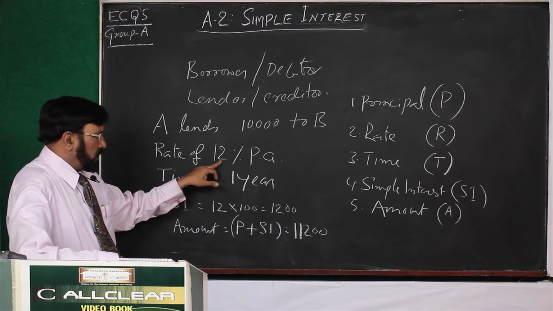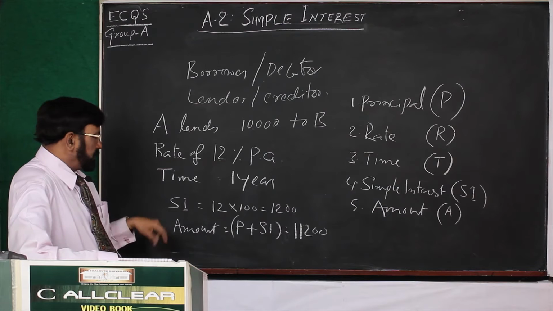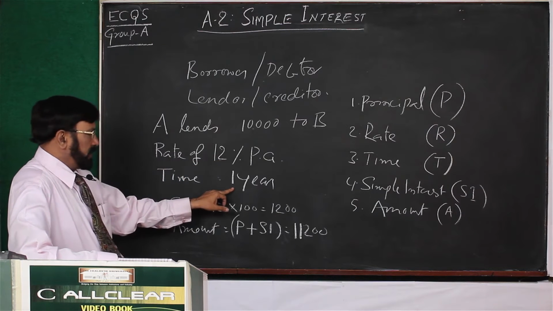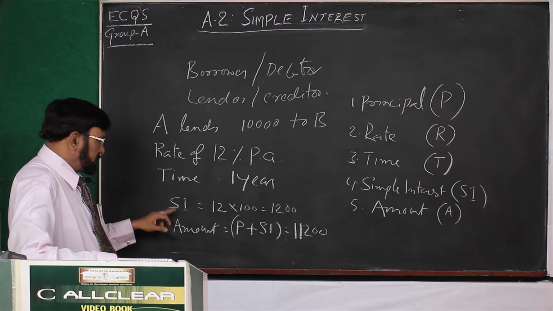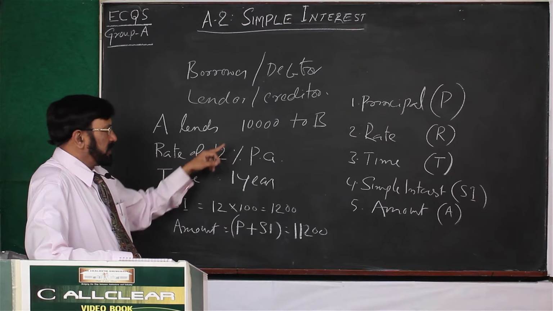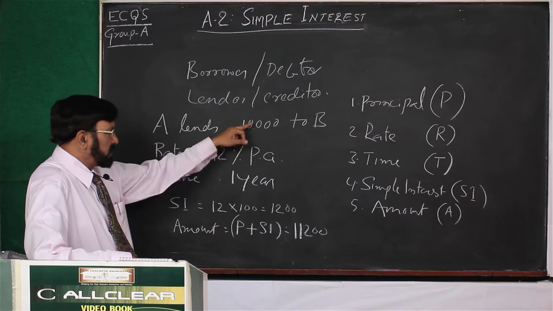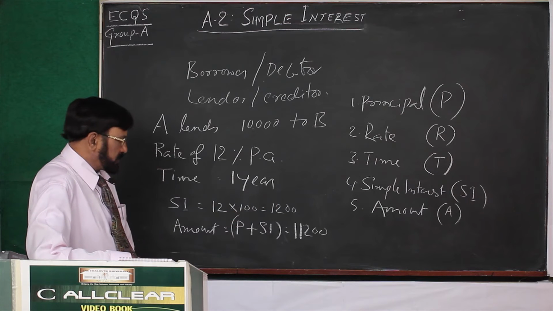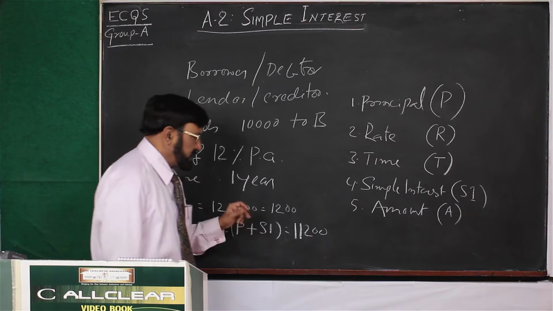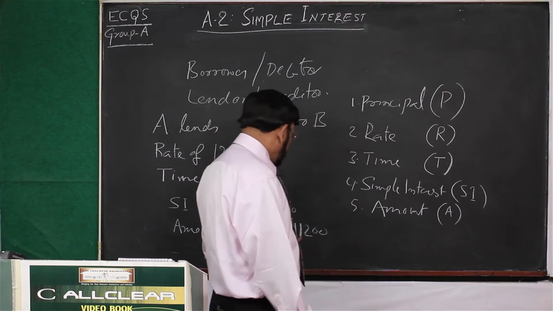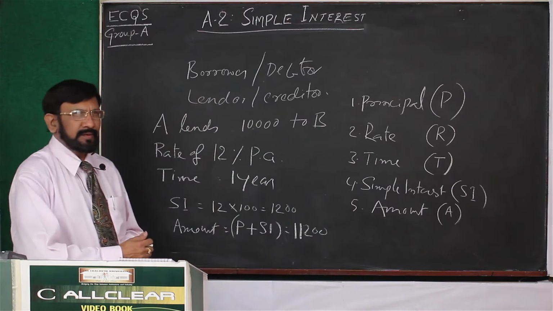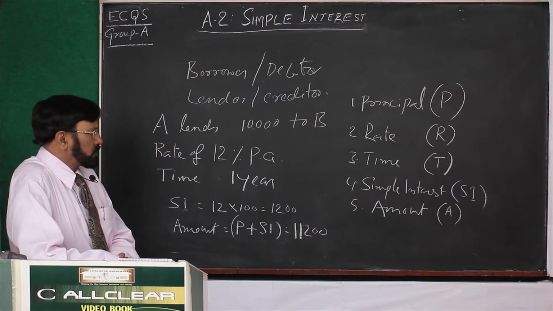Per year 12 rupees per 100. That is called 12%. Time is 1 year. Simple interest calculation is simply per 100, 12 rupees per year. For 10,000, how much? 100 hundreds, 12 into 100, 1,200. Amount is equal to P plus SI, that is, simple interest 1,200.